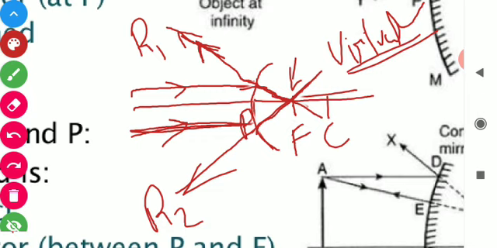So the real image is always formed by actual intersection of reflected lines. But there is no actual intersection. We have to backtrack the reflected lines and make the image. So that's why this is the virtual image. And size of the image is diminishing, point size. So students, this is our case number 1 in convex mirror.